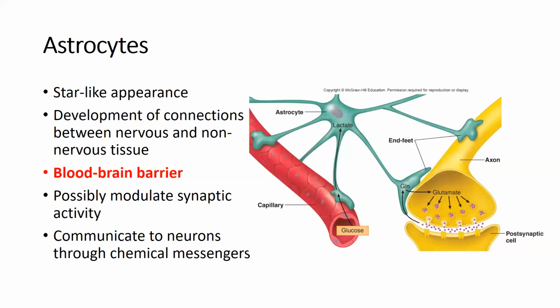So this modulating cell, which is synapsing onto two neurons, is really only influencing how much neurotransmitter is released and not necessarily any change in the membrane potential. Okay? So in this way, they modulate synaptic activity. They can communicate to neurons through chemical messengers, but again, not through electrical messages, not through action potentials.